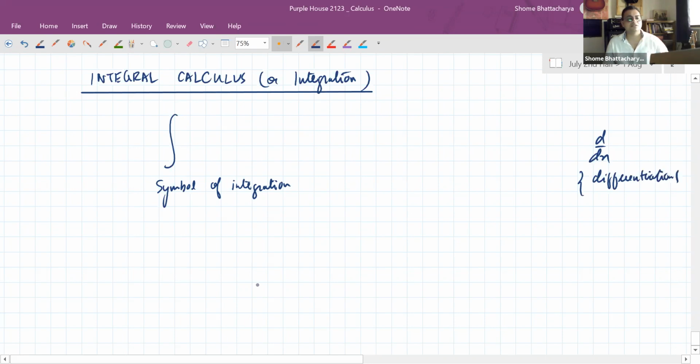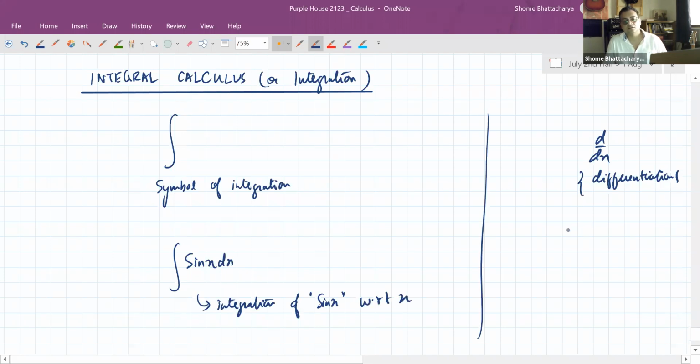Like that, this symbol here means symbol of integration. So for example, if we are writing the symbol like this, it means we are doing integration of sin x with respect to x.